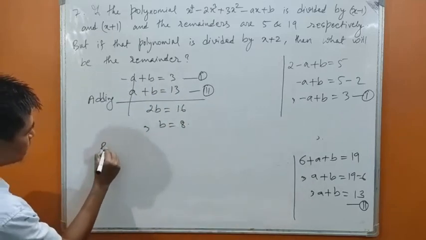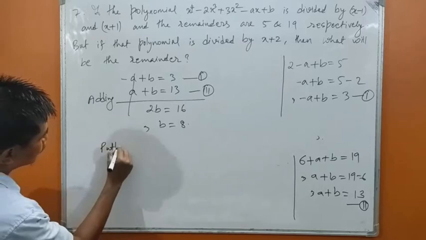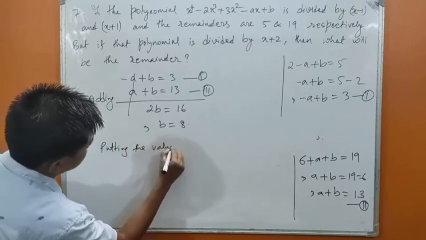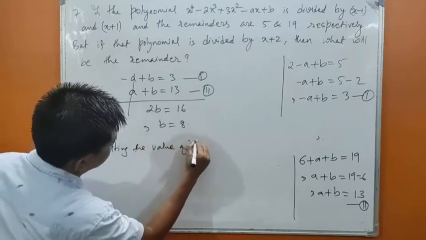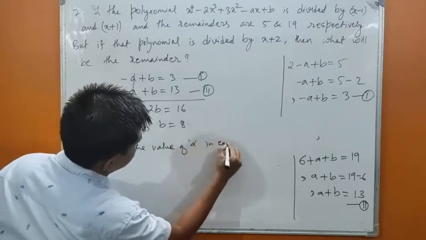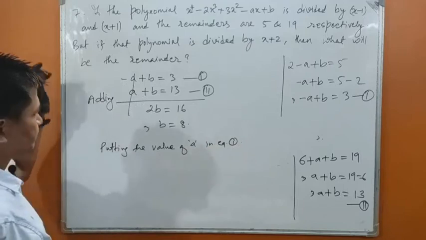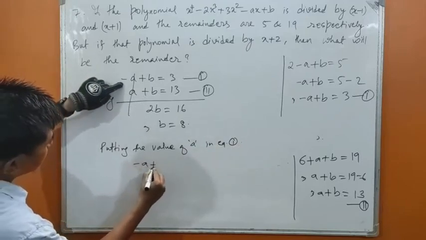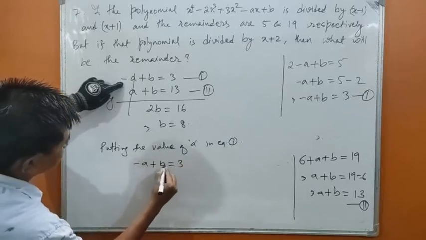Putting the value of b in equation 1 or 2. My equation 1 is minus a plus b equal to 3, isn't it?